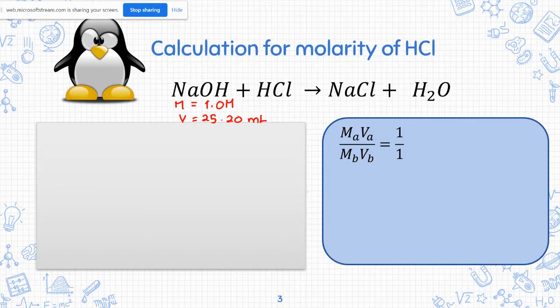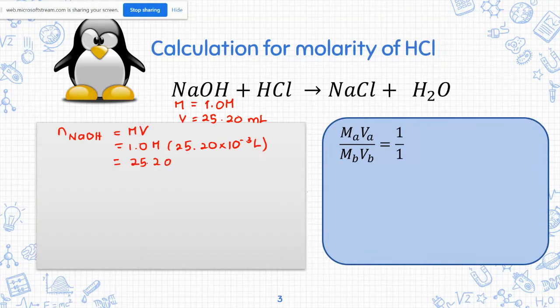So what I can do now is calculate the number of mole of NaOH. The formula is just like before, molarity times volume. And if you do this calculation, remember the volume is in liter. In my case, I will get 25.20 times 10 to the power of negative 3 mole.